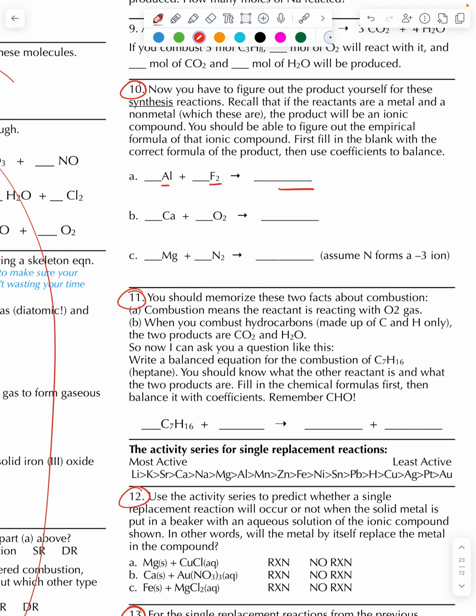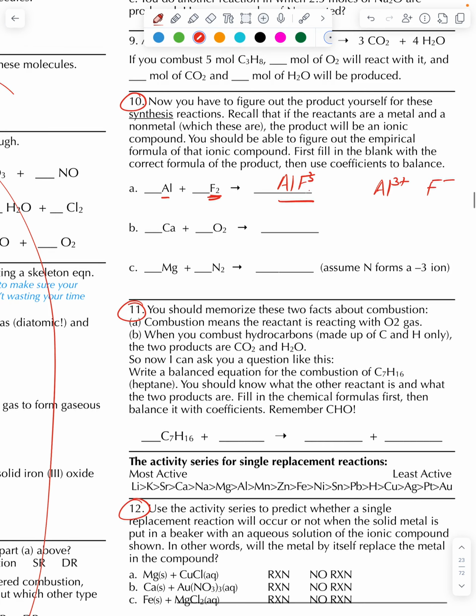Well, we know the charges have to balance. So we're going to have aluminum forming the aluminum 3 plus ion. And what ion does fluorine like to form? F minus. By the way, notice I'm using diatomic here. So what's going to be the formula formed for that ionic compound? AlF3. Okay, it's a 3 there.